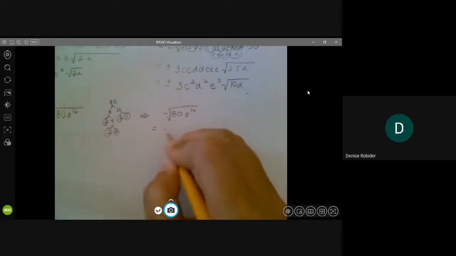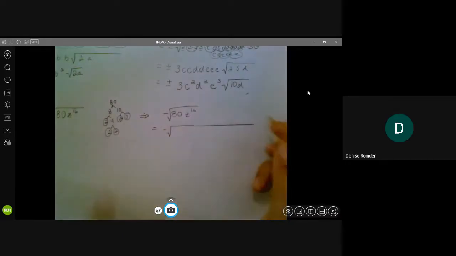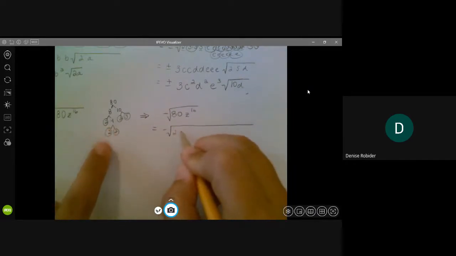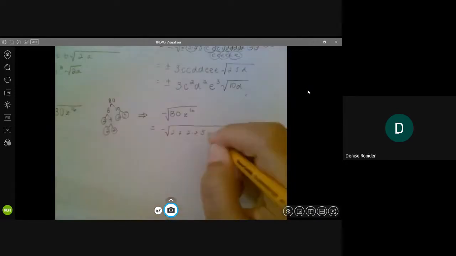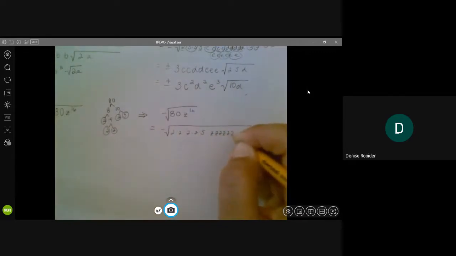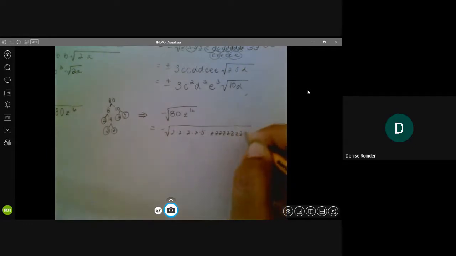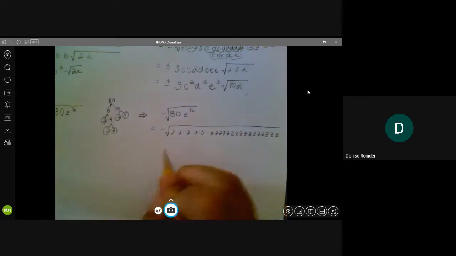This is the negative of 2 times 2 times 2 times 2 times 5 times z, 1, 2, 3, 4, 5, 6, 7, 8, 9, 10, 11, 12, 13, 14, 15, 16. Okay, there we go. All right. Gosh, this feels like a stretch Hummer.